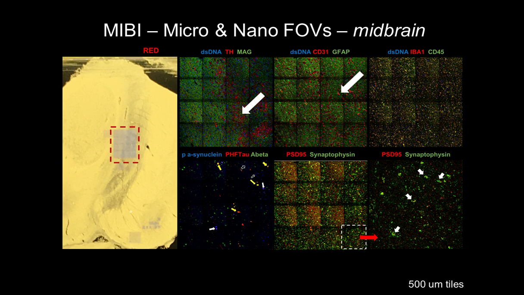So we can go down to the nanoscale, where we take one of these tiles and zoom in, and now we're dealing with pixels on the order of 200 to 250 nanometer resolution. You can start to see the coincidence of these pre and postsynaptic markers, where they're either overlapping or often just offset a little bit from one another.